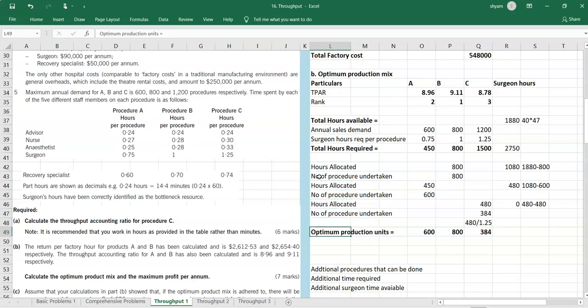So rather than units, we can put it as number of procedures undertaken. We can't say it is undertaken, we can say that can be done.